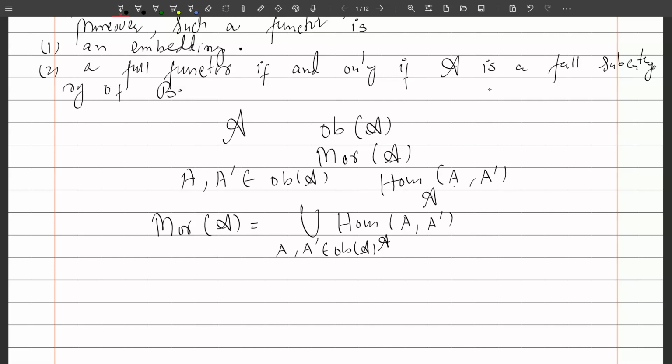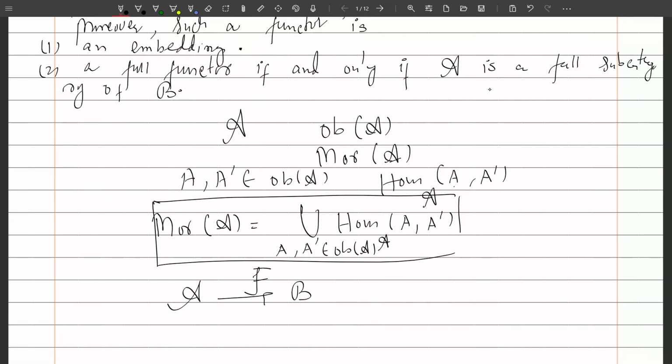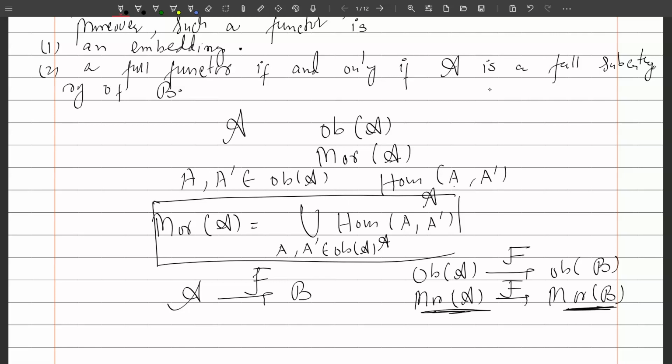Now, what a functor does: if we have a functor from category A to category B, this functor is a map between the object class of A and the object class of B, and similarly it is also a mapping between the morphism class of A and the morphism class of B. If this functor is injective on morphism classes, then we say F is an embedding.